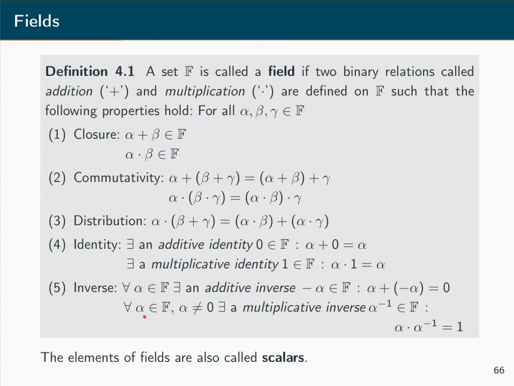So for all alpha in the field, except for the additive identity, there must exist a multiplicative inverse that we call alpha to the minus 1, and which must be an element of the field. And it has the property that if I multiply alpha with its multiplicative inverse, I get the multiplicative identity. We will also refer to the elements of a field as scalars.